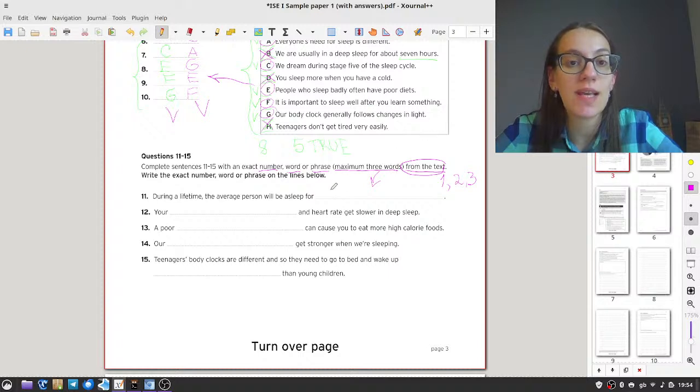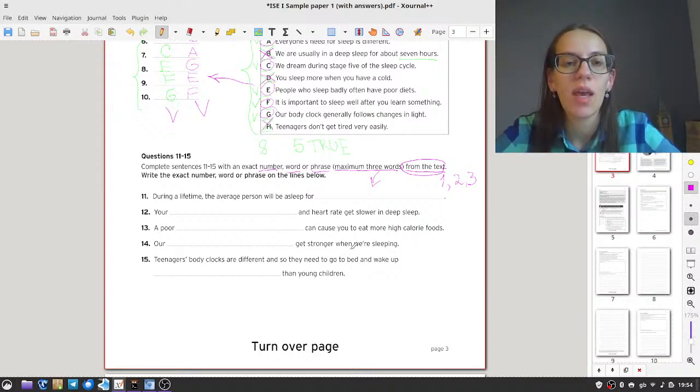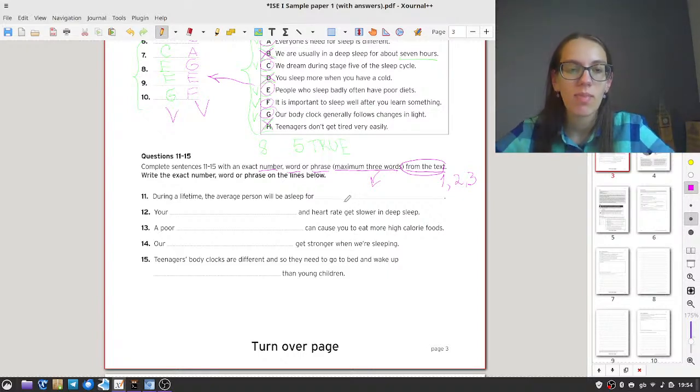And these sentences are not taken from the text. It's too easy to just find a sentence and write down the missing words. No, these sentences are not directly from the text. Again, they have the same information as some parts of the text, but we use different words here.